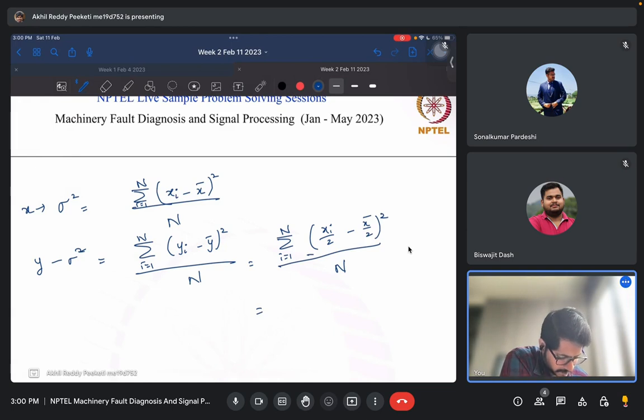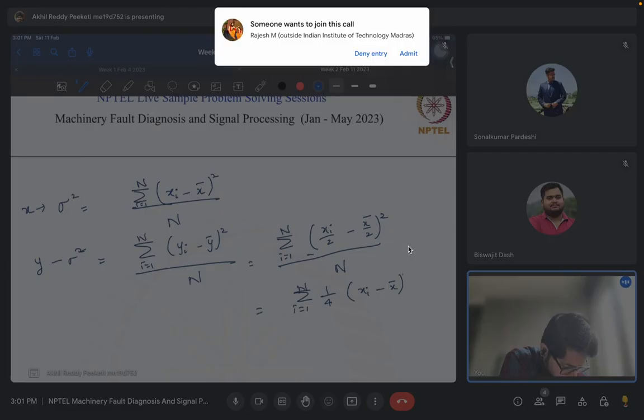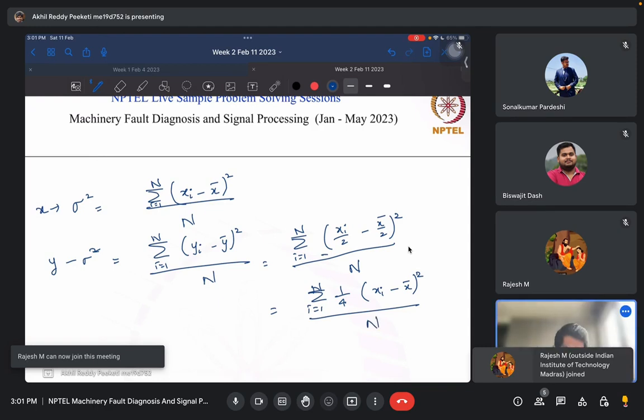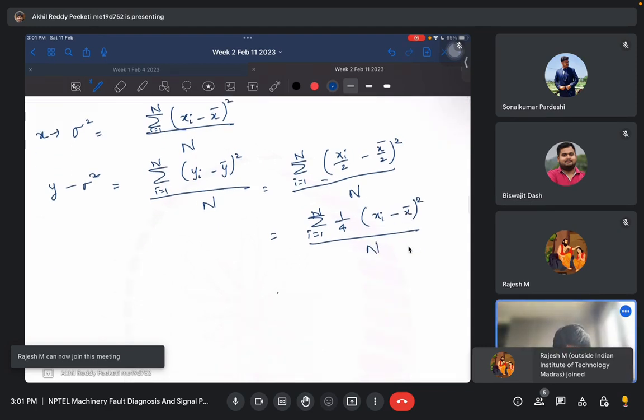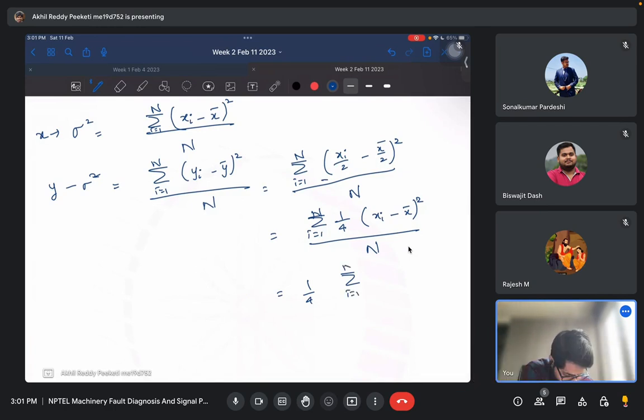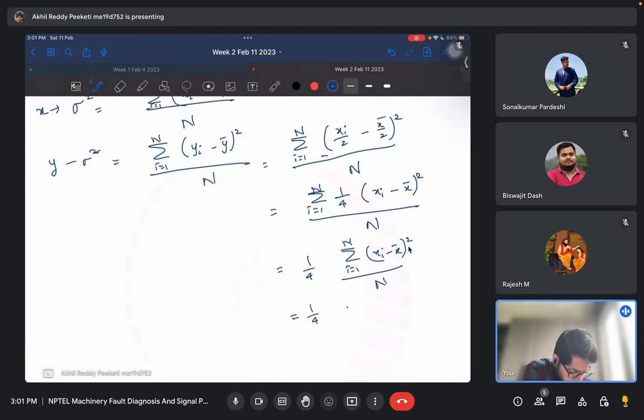So if we take that 1 by 2 outside, it becomes 1 by 4 into the sum of (xi minus x bar) whole square by n. So this is the old variance, right?